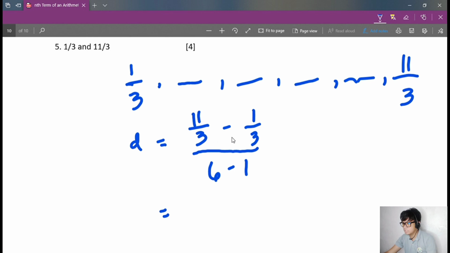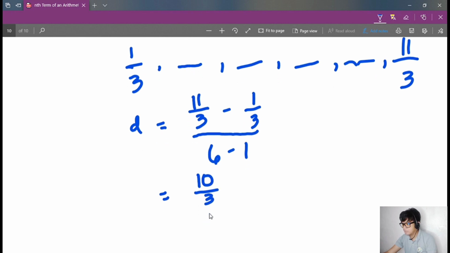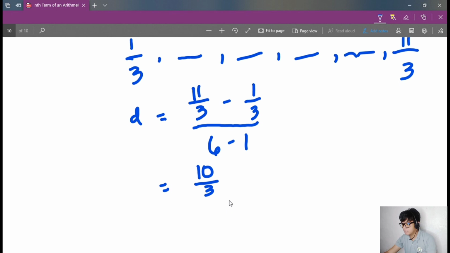So, 11 over 3 minus 1 over 3. Since the denominators are the same, we just subtract the numerators. So that is 10 over 3, divided by 5.